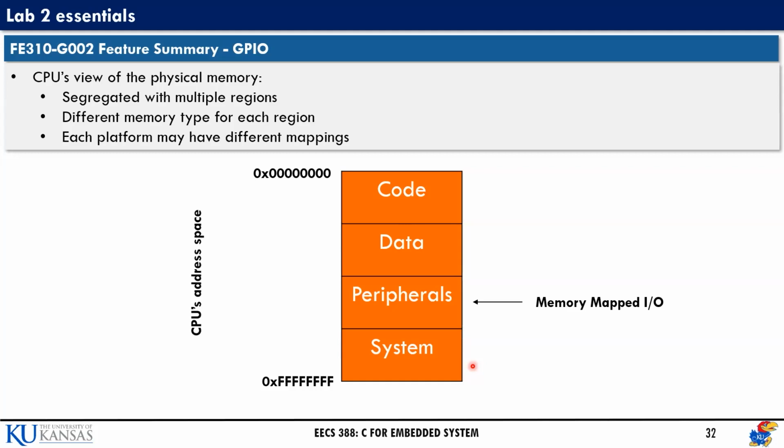So there is an address space that the CPU uses to communicate with the I/O, and these memory locations in the peripherals are actually physically present in the I/O devices. In that way, the CPU can control our I/O devices.